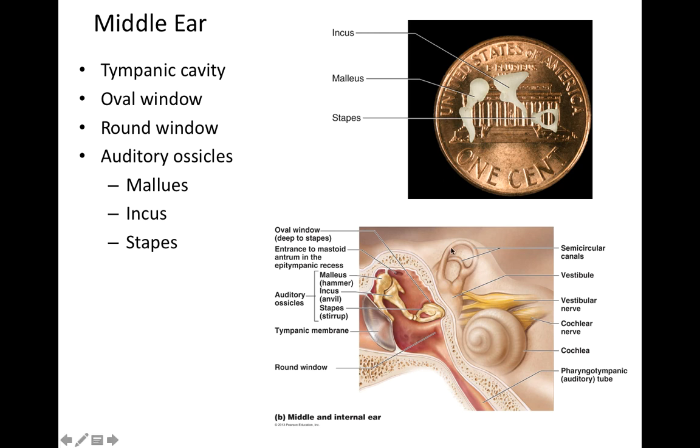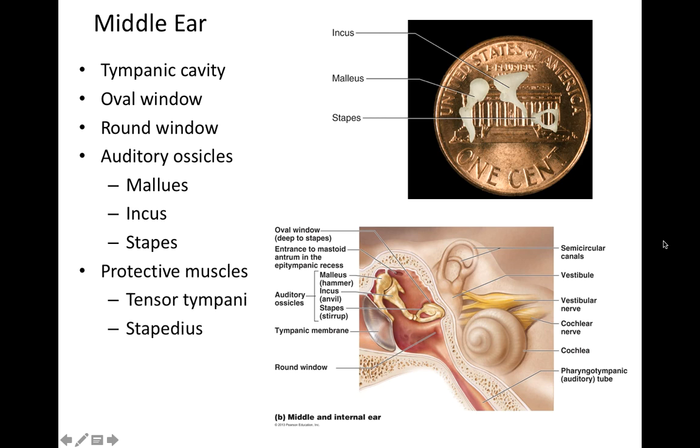The job of the bones is to take the energy that is pushing into the tympanic membrane. The tympanic membrane will vibrate, the malleus will vibrate, the incus will vibrate, the stapes will vibrate, and then the stapes is going to push on this oval window that's lying behind it.